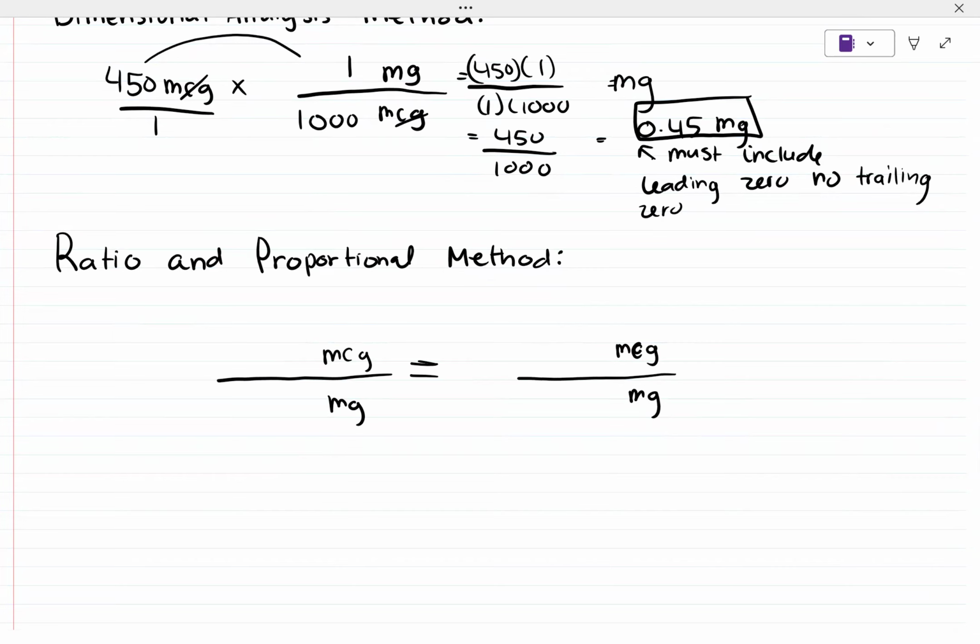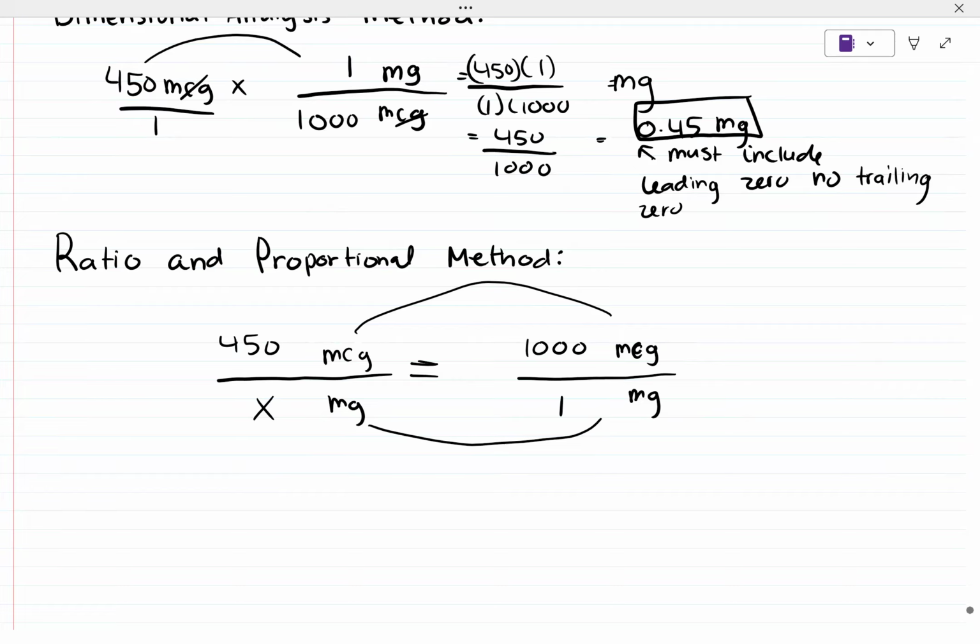So remember, this unit has to align with this unit, and this unit has to align with this one. And then fill in your blanks. So we were given 450 mcg, and then we don't know our mg, so we'll call it x. And then we know that for 1 mg, there's 1,000 mcg.